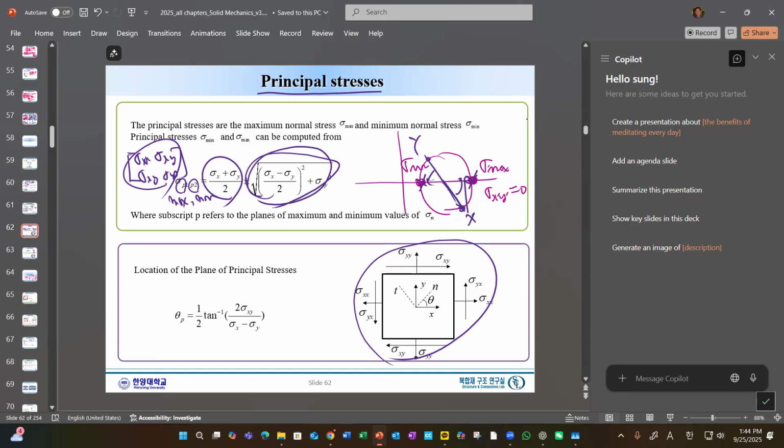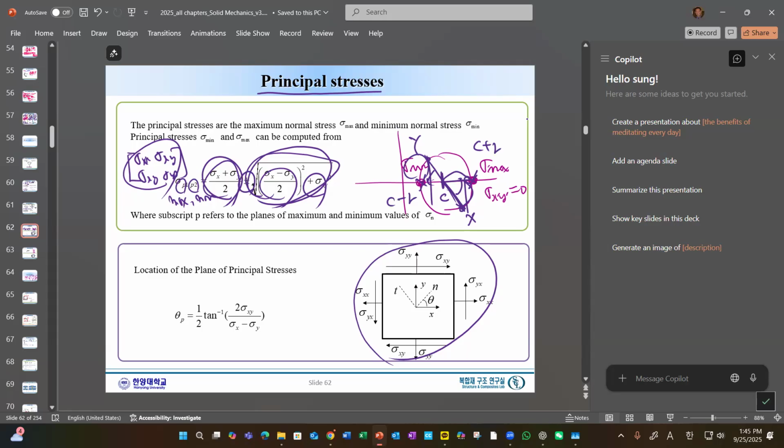This is a radius. You have an identity like this, and you get R, and what is this? This is the center C. So this is called C plus R, and this is simply C minus R. That's why we have a plus minus.